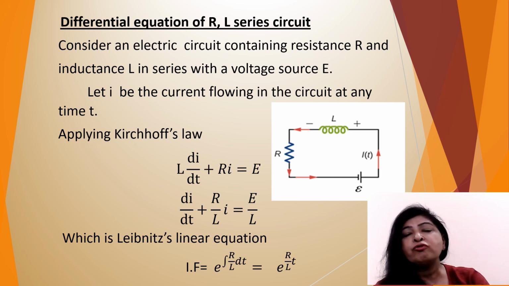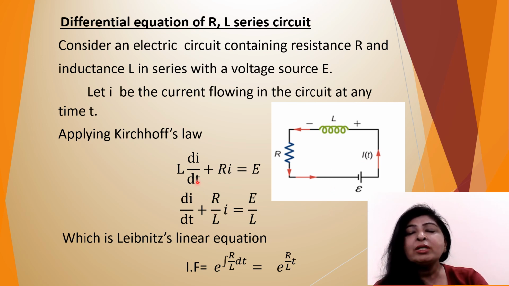Now applying Kirchhoff's rule, because the differential equation is for an R and L series circuit, we write the voltage drop across resistance R as Ri, and across inductance L as L into di by dt, which is equal to the electromotive force E. It is shown diagrammatically also: resistance is R, voltage drop across resistance is Ri, across inductance L is L into di by dt, I is the current and E is the electromotive force.